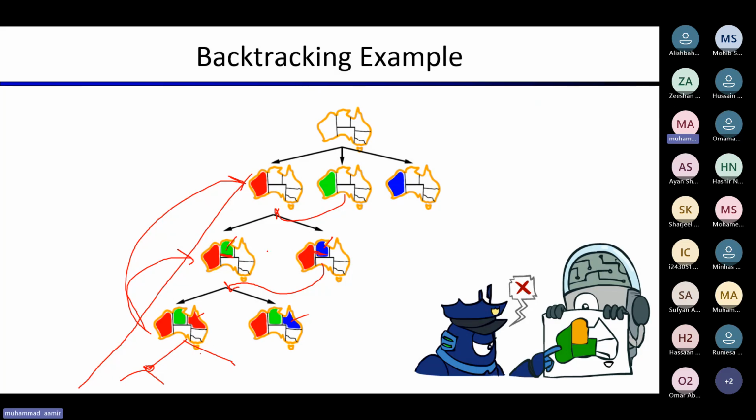In this way, you will again go down, go down, until you are again stuck with some constraint violation. You will again backtrack to this, or maybe backtrack to this. This time you consider that in the first variable we should assign the blue color, and again move next, move next.